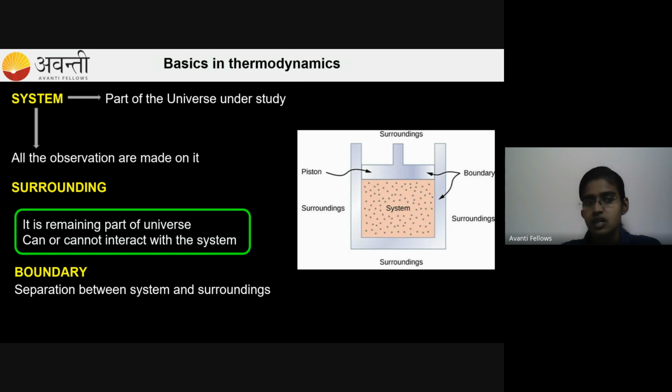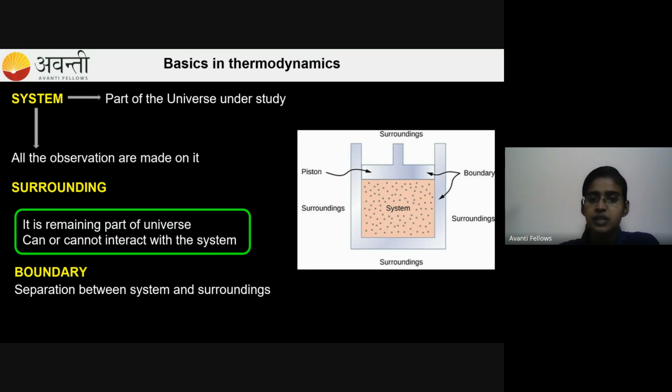Who is the system? The one which is under study is called the system. Suppose you take the universe and divide it into four, and if I want to study the first part of that four division, that first part is called the system. It is the part of the universe which is under investigation, or under study.